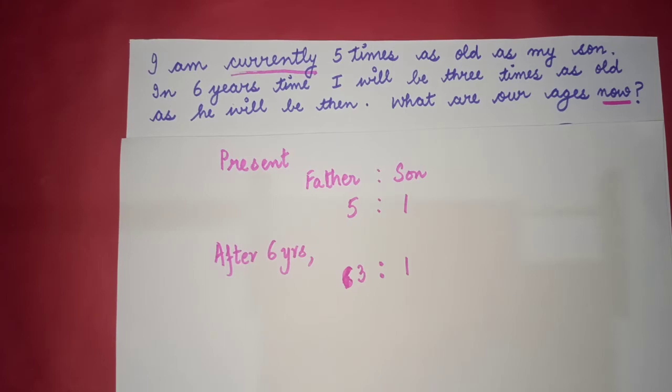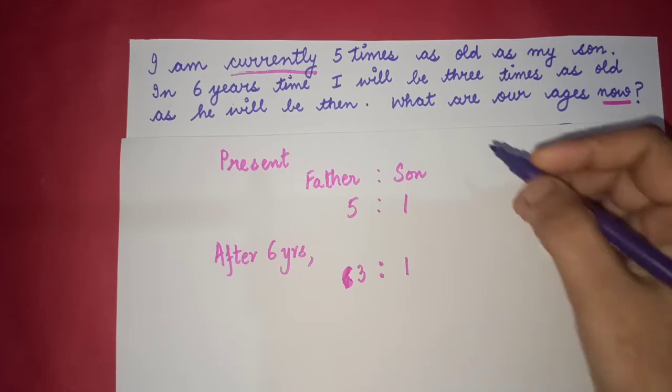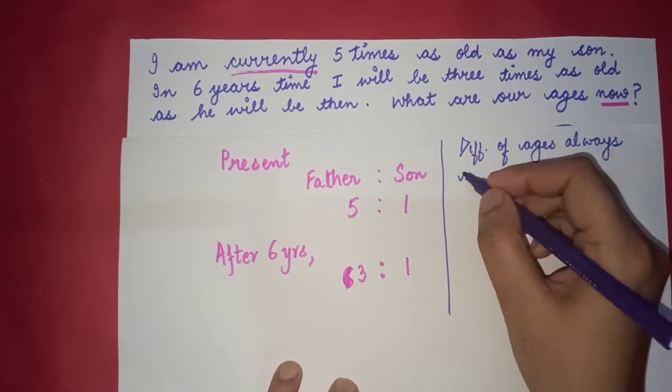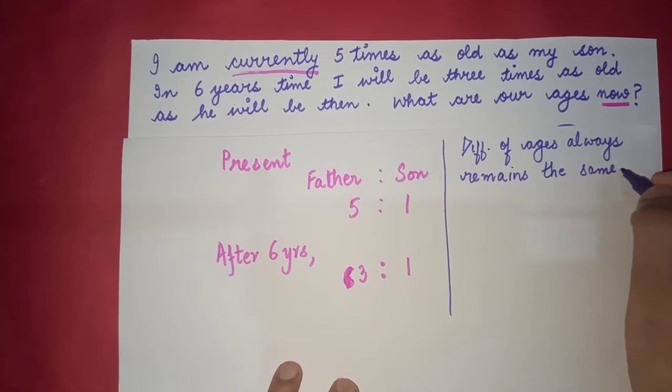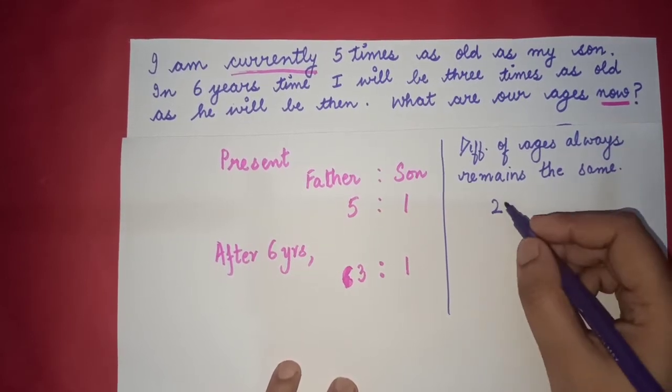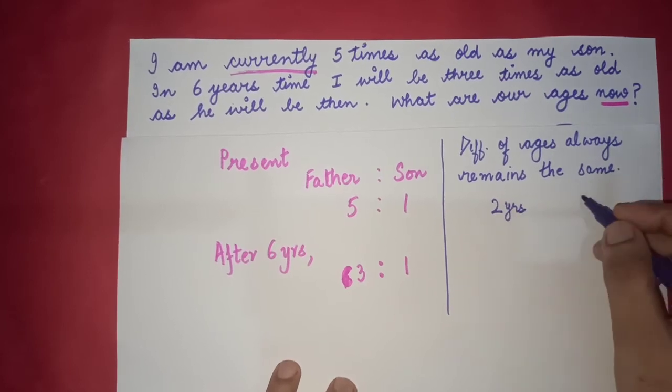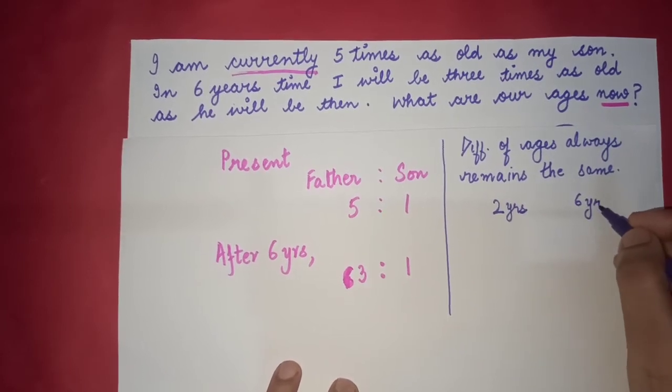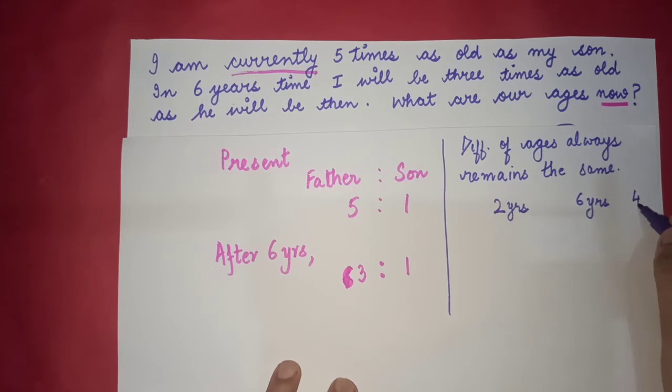Now here we need to remember one thing, that the difference of ages always remains the same. See, if your brother is 2 years old and you are 6 years old, what is the difference? It's 4.